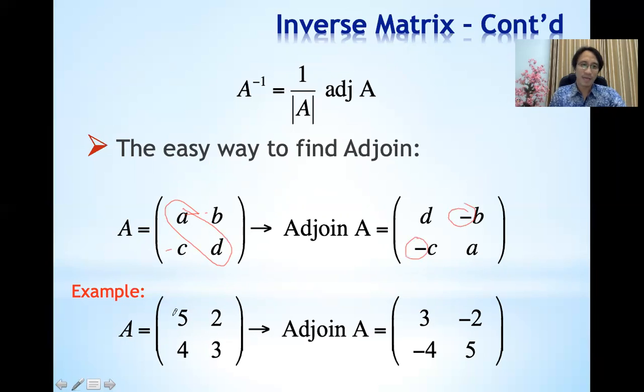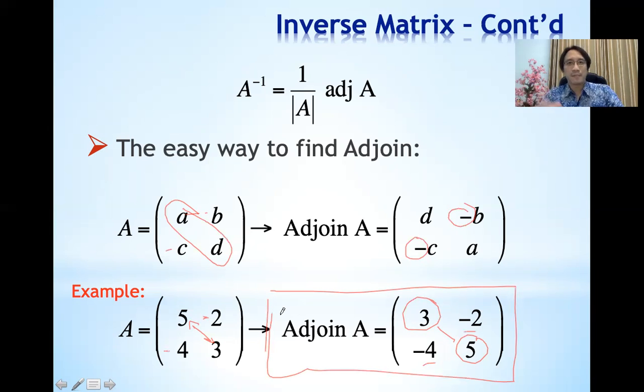So if we have an example A equals 5, 2, 4, 3, then swap the 5 and 3, which become 3 and 5 here. B and C, just keep them and add a negative sign in front of them: -2, -4. So this is the result of adjoint A.